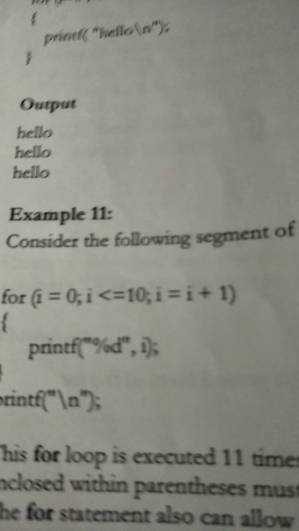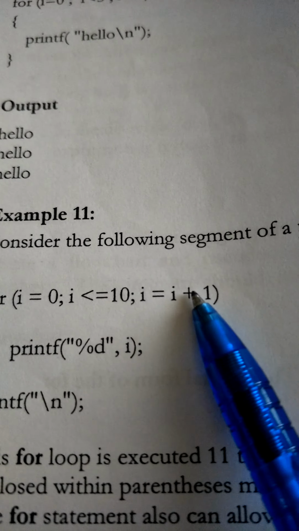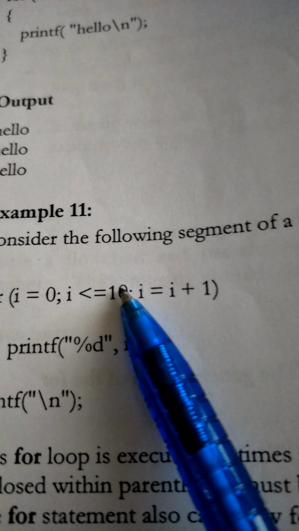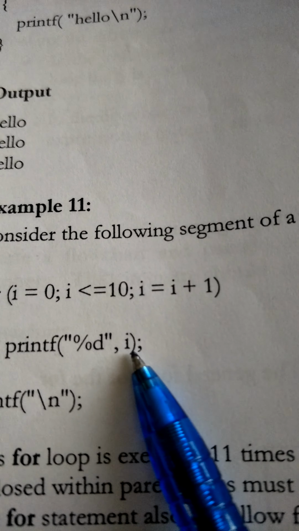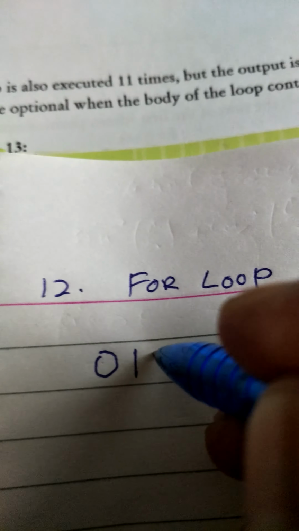Then check again. 1 plus 1, you got 2. Check for the condition: 2 less than 10, true. Then print I. The value of I is 2.